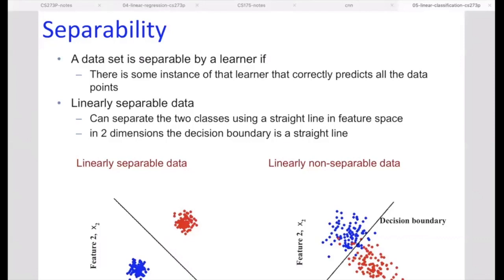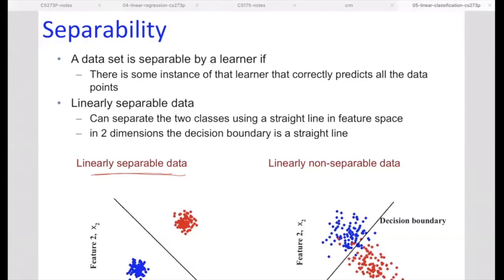For a data set that can be linearly separated, for instance, in this data set here, clearly you can find a linear decision boundary to separate these 2 groups of data points. And we call this type of data linearly separable. However, for the other type of data sets, shown on the right-hand side, in these 2-dimensional examples, you can see that there are red dots in the middle of the blue dots.